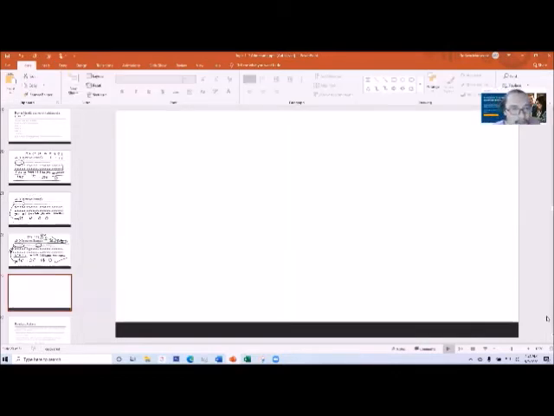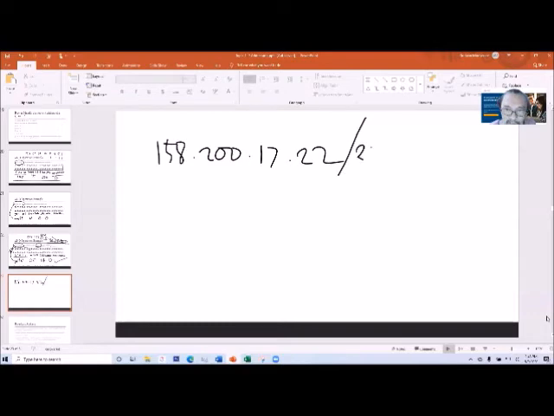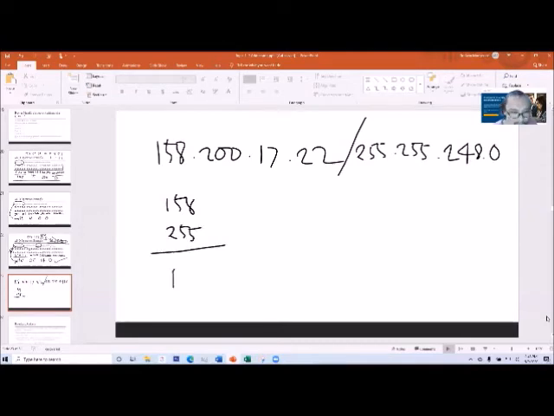Let's say, for example, our address is 158.200.17.22, and its subnet mask is 255.255.248.0. We are going to convert all of these numbers into binary, but for me, I don't have to. Since our subnet mask is 255, the result will always be 158. All right, 200.